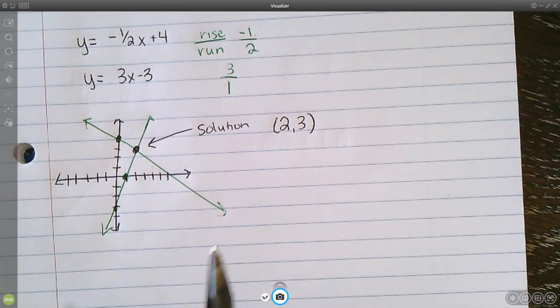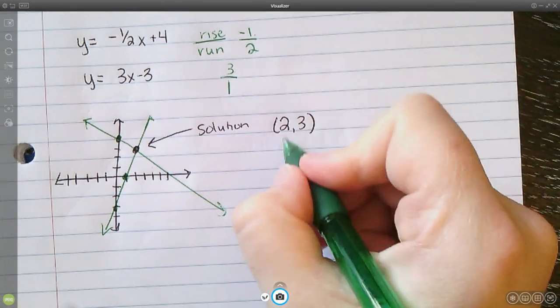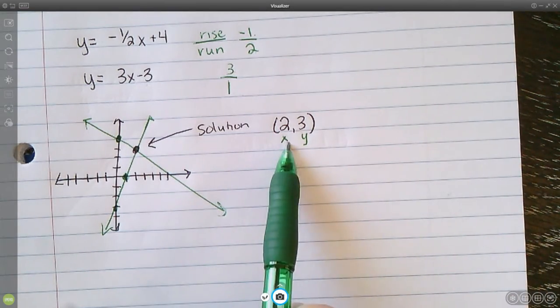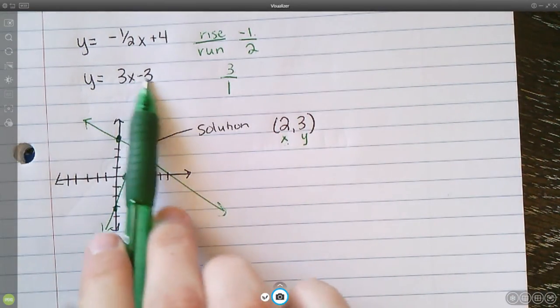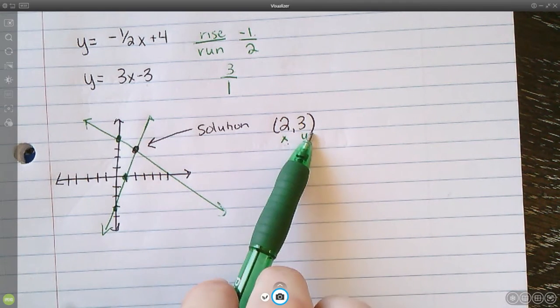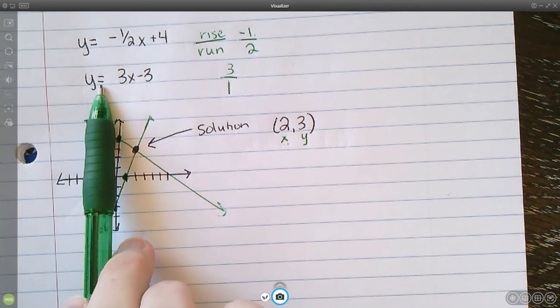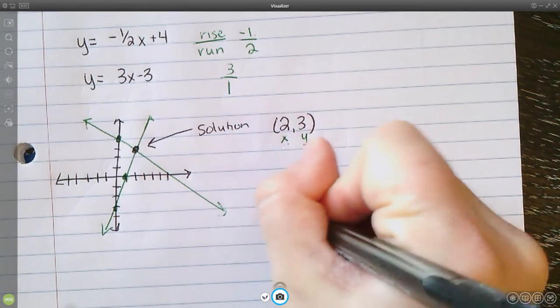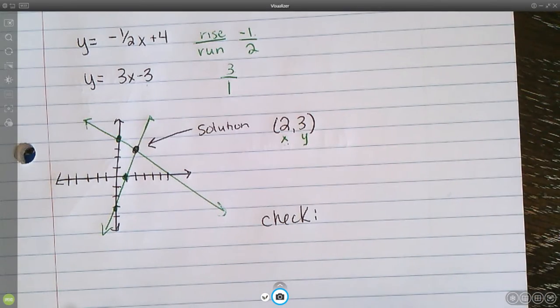So now what that means is, this is your x value, and this is your y value. If I take this x value and put it in for this equation, and I put this y value in here, we should get the right answer. So let's check our work. You guys don't have to check your work, but I'm just showing you how it works.